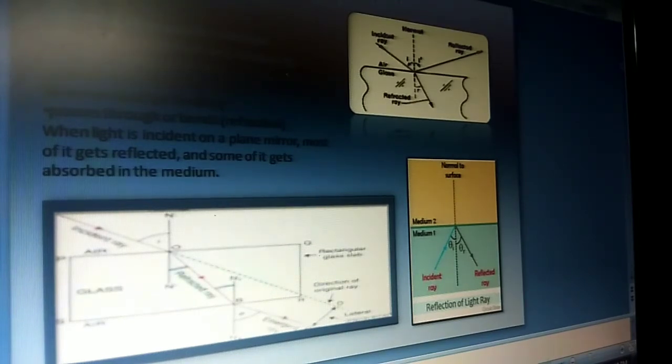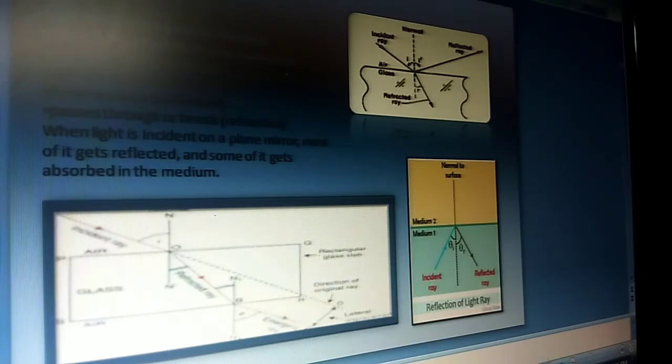The best example for reflection is the plane mirror, where most of the light gets reflected and some of the light is absorbed in the medium.